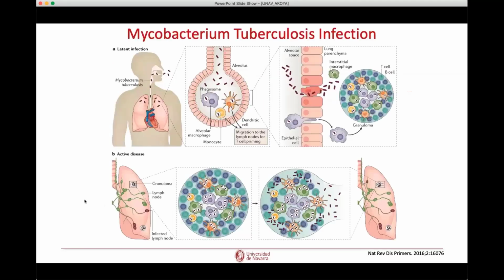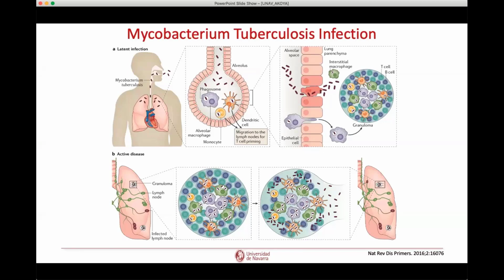Tuberculosis is an infectious disease caused by the microorganism Mycobacterium tuberculosis. According to the WHO, in 2018 an estimated 10 million people developed active TB disease, and several of them died. Histologically, TB is characterized by the formation of granulomas.